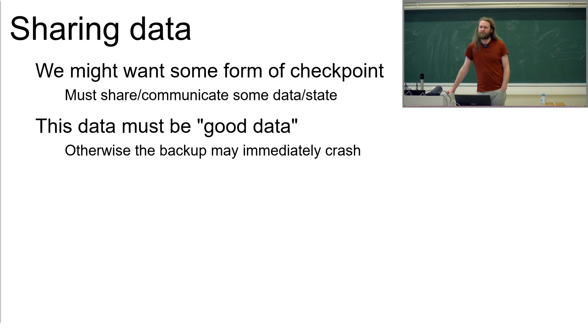We can't continue because the data is bad. And then it kills itself. And then it spawns a new backup. And then the backup goes, oh, this data looks like bad data. And then it fails the acceptance test and kills itself. And now you have an infinite loop where you have bad data. So you need some way to check that this data is good data. Otherwise, you'll immediately crash and you're stuck in an infinite loop.